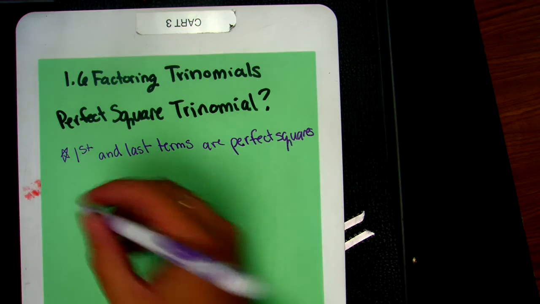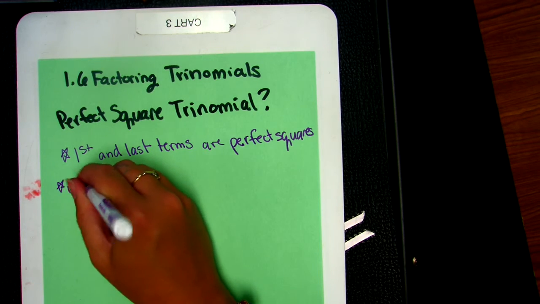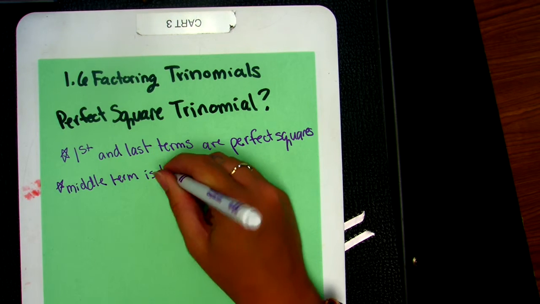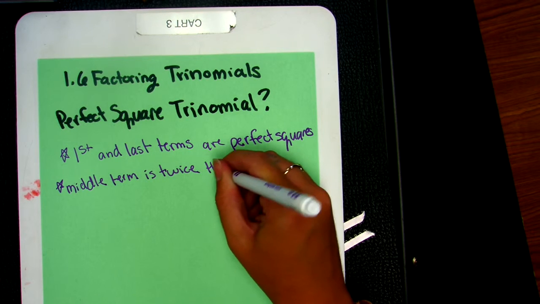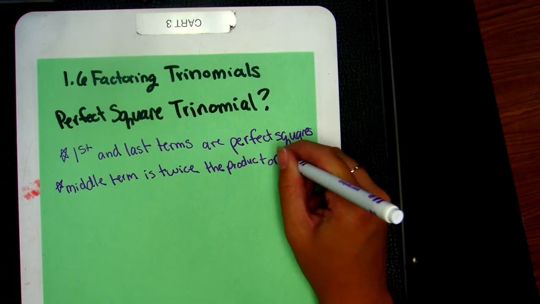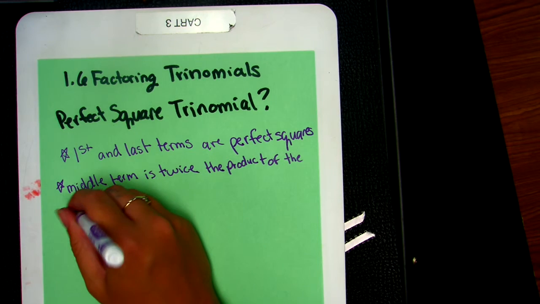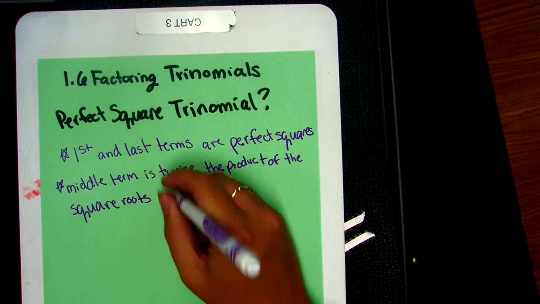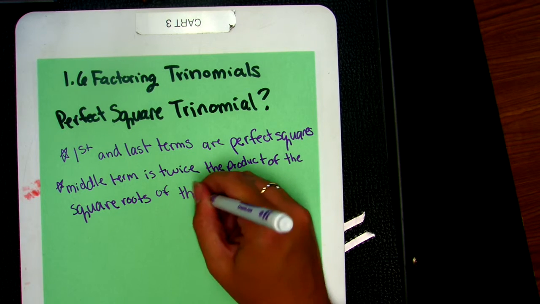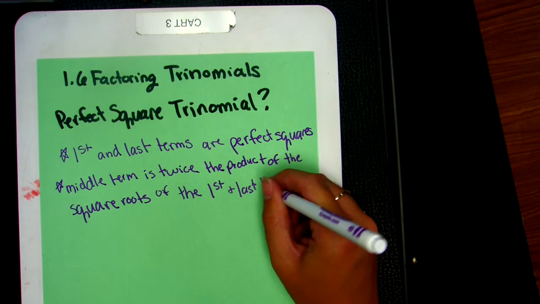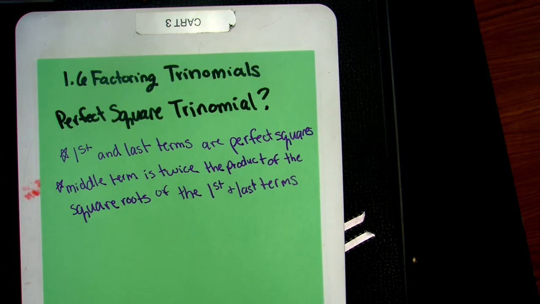The middle term is twice the product of the square roots of the first and last terms. All right, so let's see what that looks like.